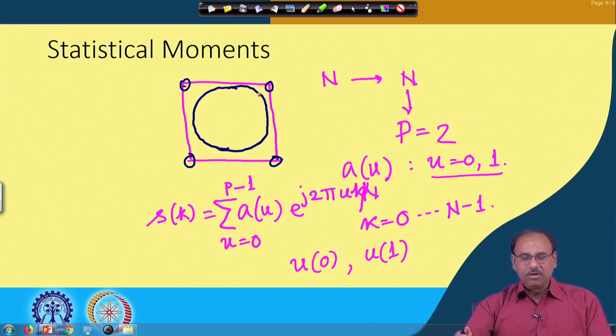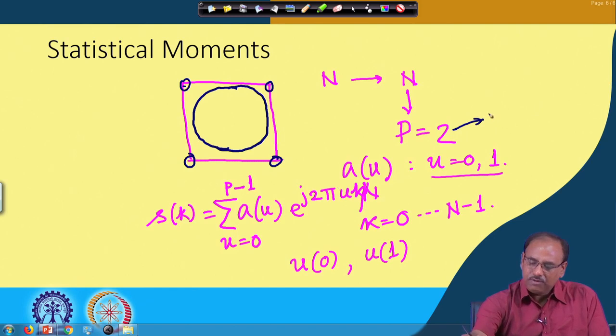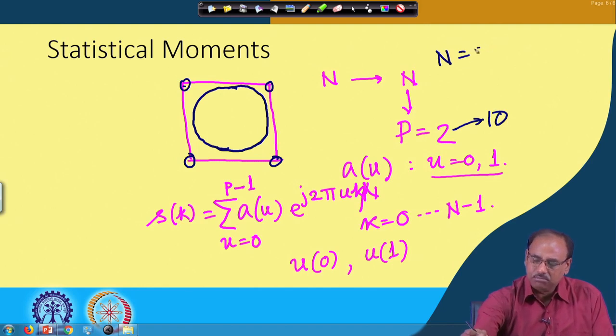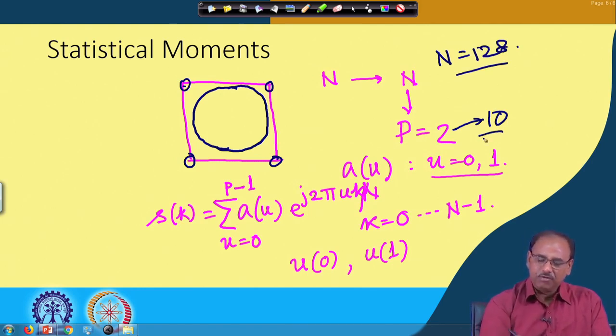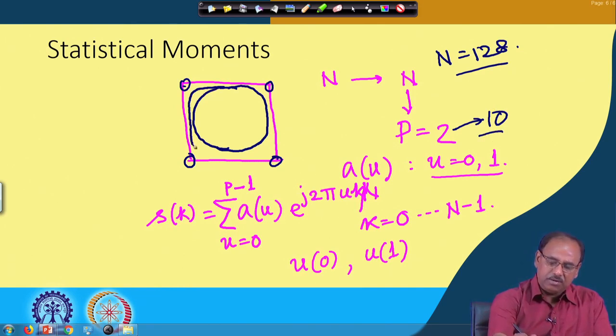If I increase the value of P from 2 to 10, where I assume, say, N is equal to 128, then against 128, if I take only 10 coefficients, I will get a slightly better reconstruction, which is like this.